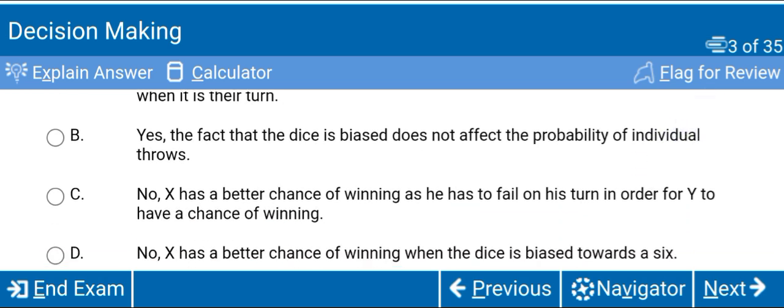Option C, no, X has a better chance of winning as he has to fail on his turn in order for Y to have a chance of winning. Option D, no, X has a better chance of winning when the dice is biased towards a 6.